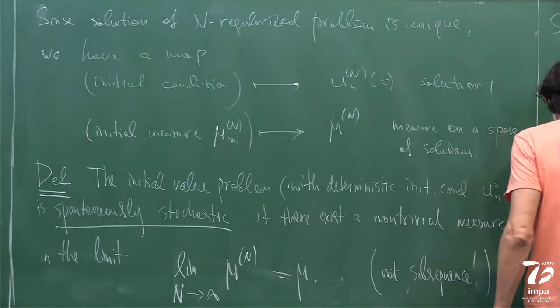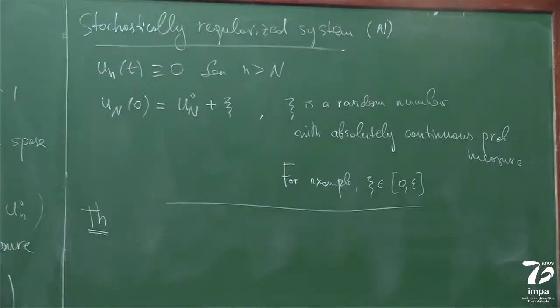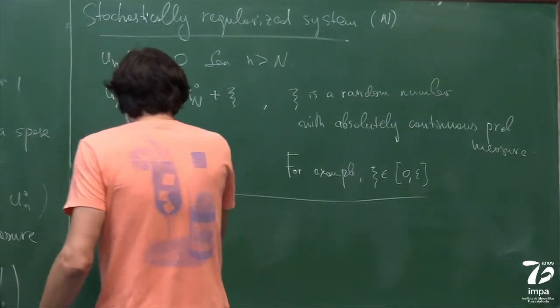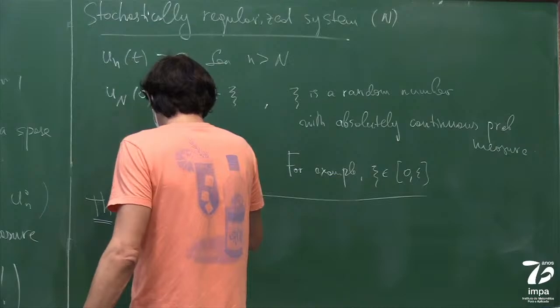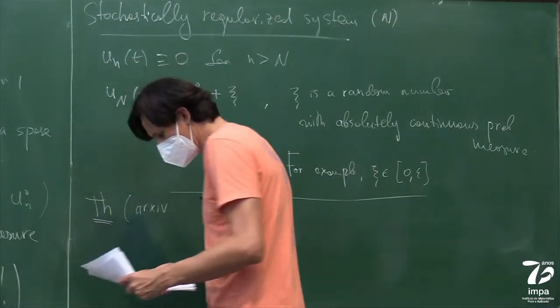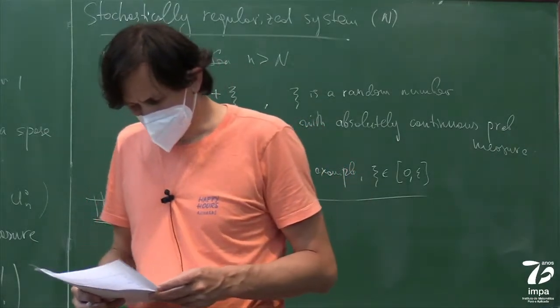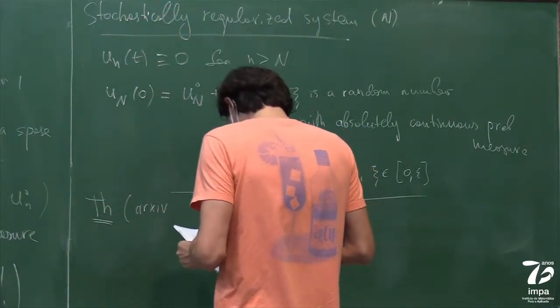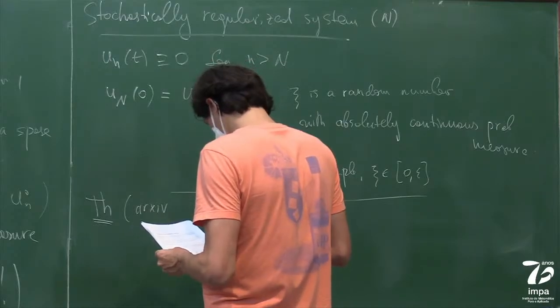So the theorem, the proof of which you can see in the paper on arXiv. The proof is actually not so complicated. I think it can be followed by many.